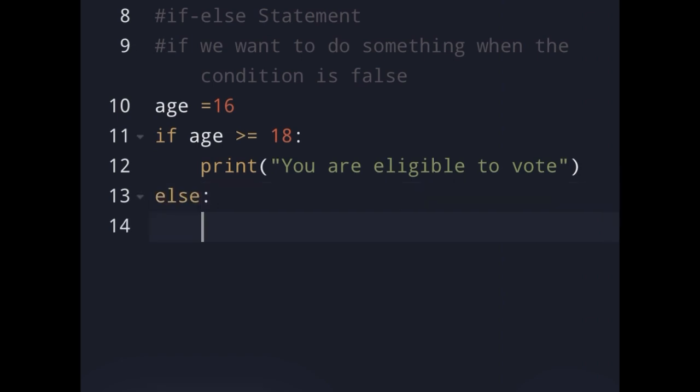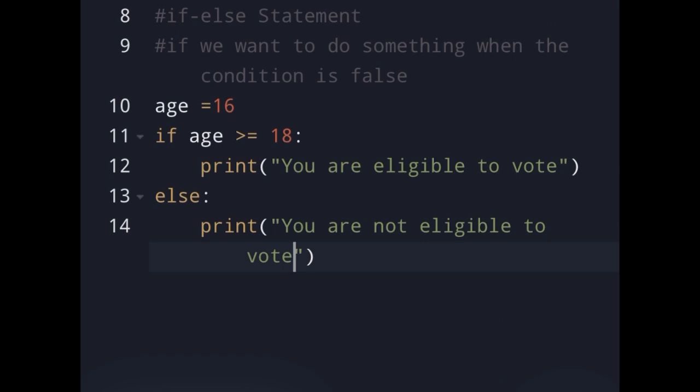Last time we were getting empty output, so now in the else statement we print that if the age is less than 18, then you are not eligible to vote. So here we have given age equal to 16, and we have written the condition if age is greater than or equal to 18, then only print you are eligible to vote, else print you are not eligible to vote.